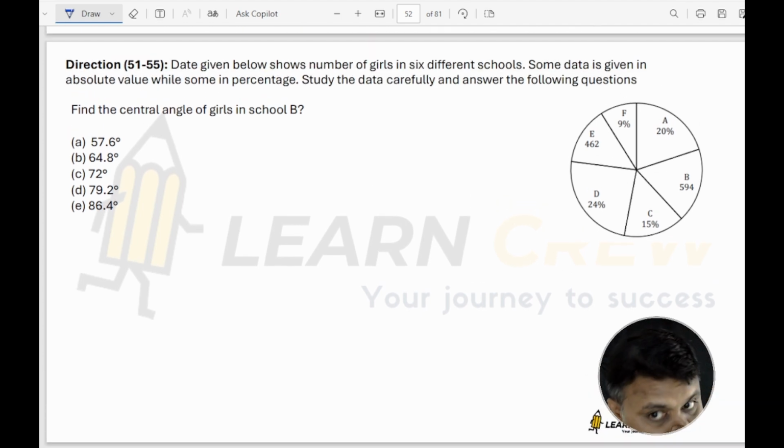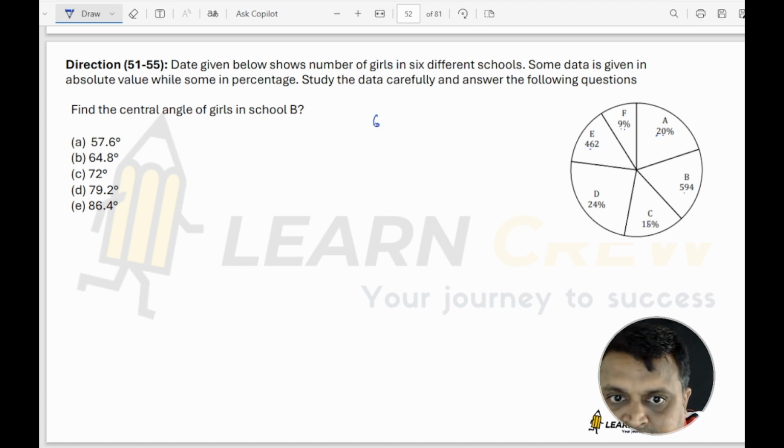Now next, please see here. What is given here? A pie chart is given. In the pie chart, some data is given in absolute value while some is in percentage. This value is given in absolute value, and the remaining are percentages. The total is 100%. So 9 plus 20 is 29, 29 plus 24 is 53, 53 plus 15 is 68.